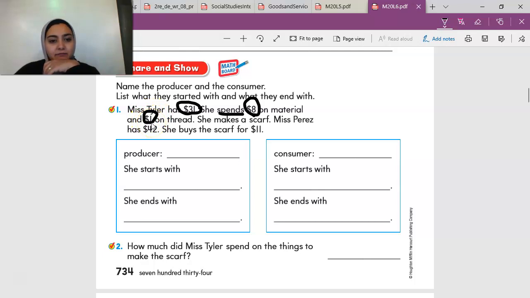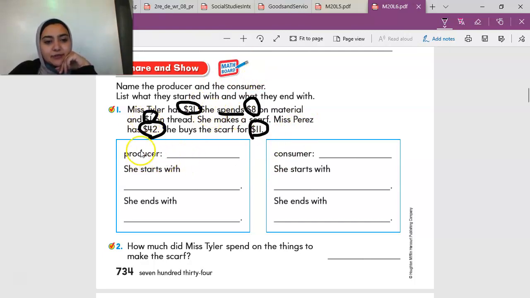Who's making? Miss Tyler. So who's the producer? Miss Tyler. Let's keep going. Miss Perez has $42. She buys the scarf for $11. So who's the consumer? Who's buying? Miss Perez.